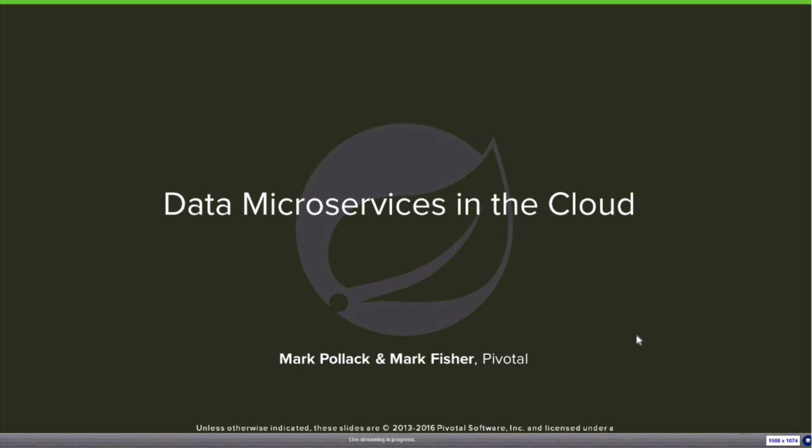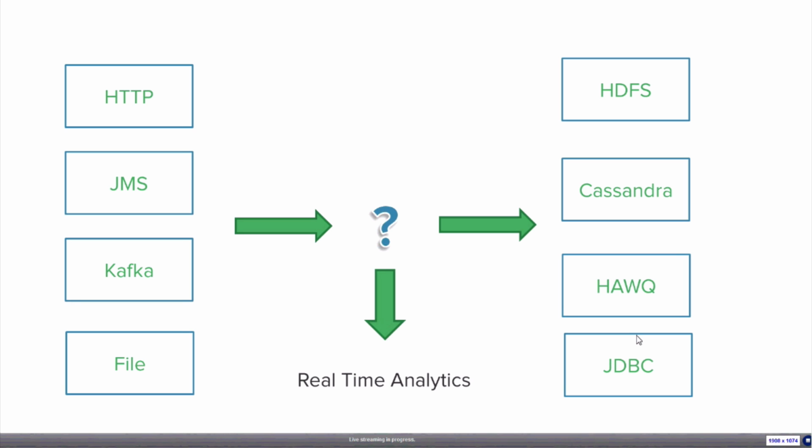So the use cases that we're trying to address with this project are fundamentally how do you move data around, for example, ingesting data from a variety of sources such as HTTP endpoints or traditional messaging middleware sources such as JMS, or newer ones that are quite relevant in today's enterprise such as Kafka, and of course the good old file that really will always be around.